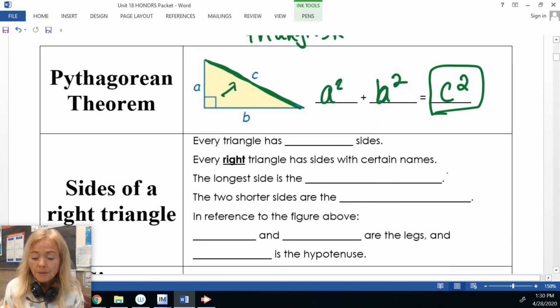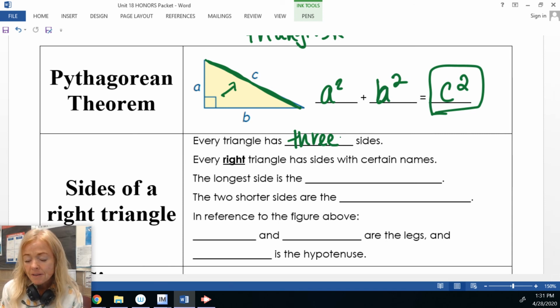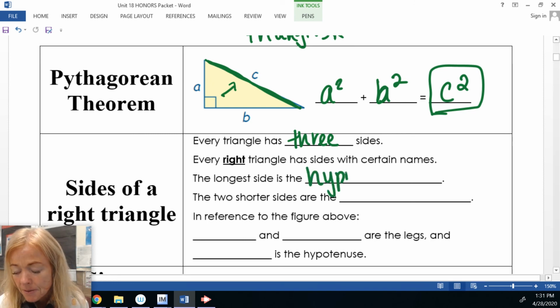So we know every triangle has 3 sides, right? That's the definition of a triangle. Tri means 3. So every right triangle has sides with certain names. We have a longest side and 2 shorter sides. The longest side is always the hypotenuse, and the 2 shorter sides are what we call the legs.